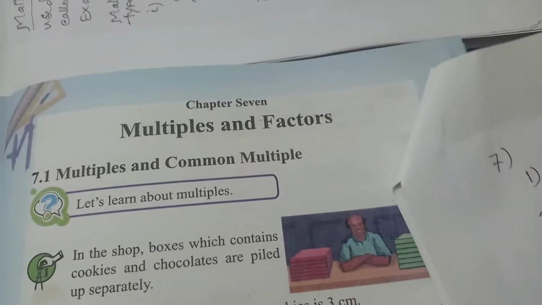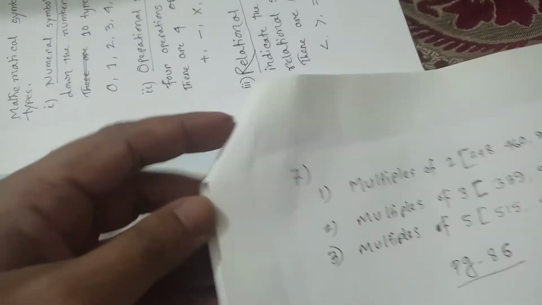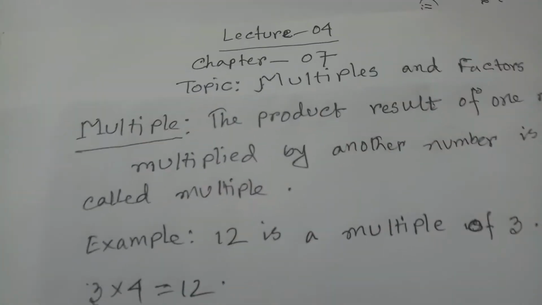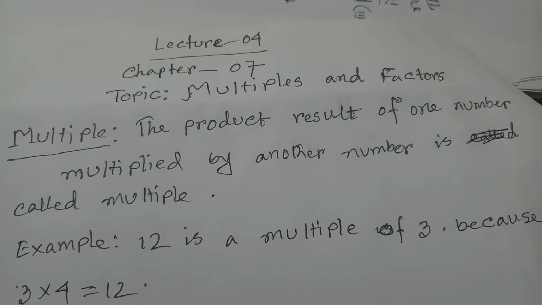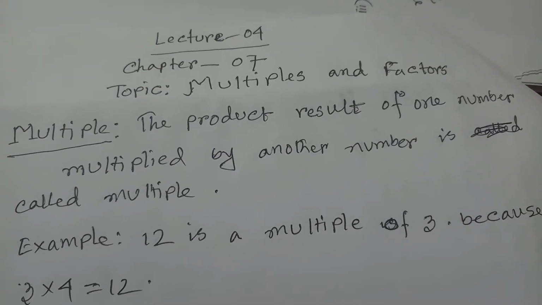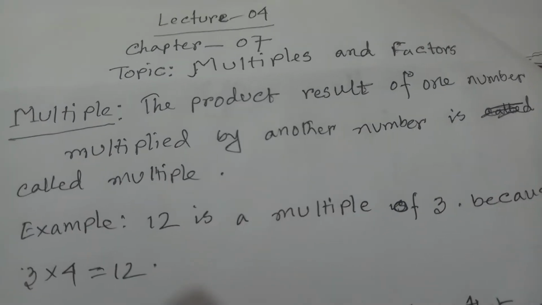Okay, students, I am giving the definition of multiples and factors. Multiples: the product result of one number multiplied by another number is called a multiple.